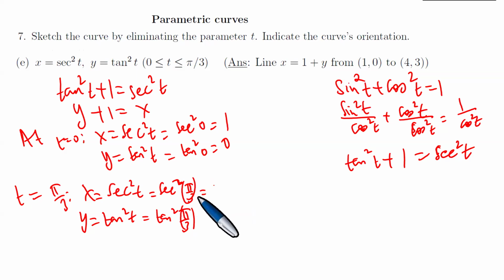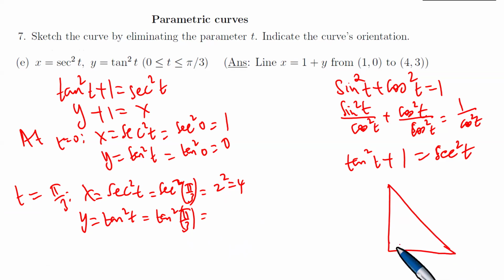The secant of pi over 3 is 1 over cosine 60. Cosine 60 is 1/2, but this one is 1 over that. So if cosine 60 is 1/2, then the secant is 2, like 1 over 1/2. Secant squared is 4.